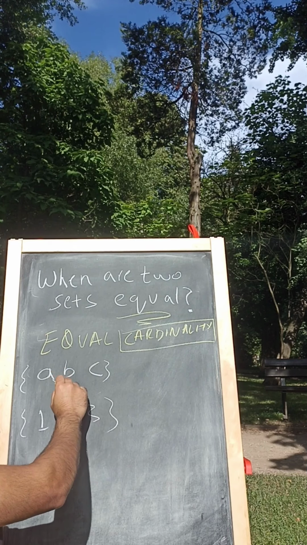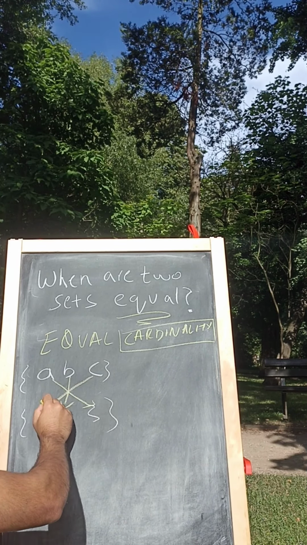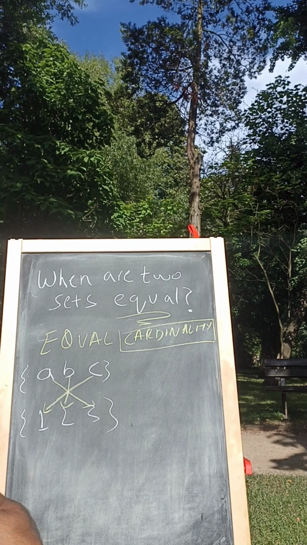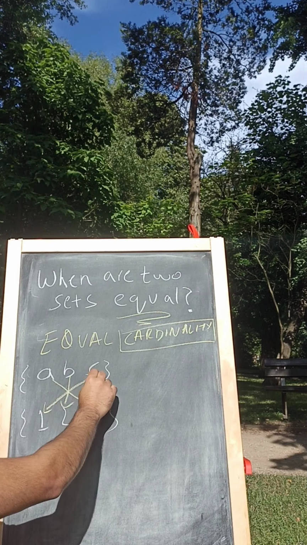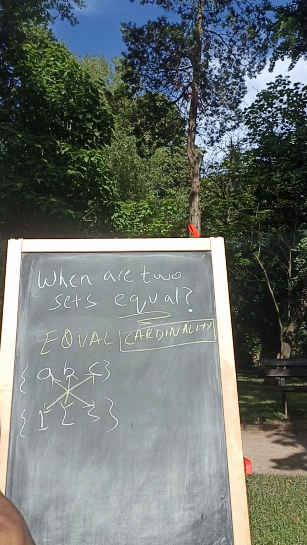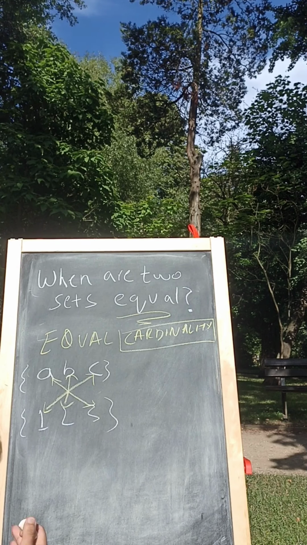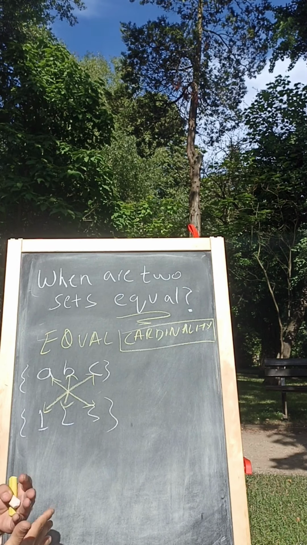For example, I can match A to 3, B to 2, and C to 1. Similarly, I can match 1 to C, 2 to B, and 3 to A. With this in mind, we can describe what it means for two things to be equal.